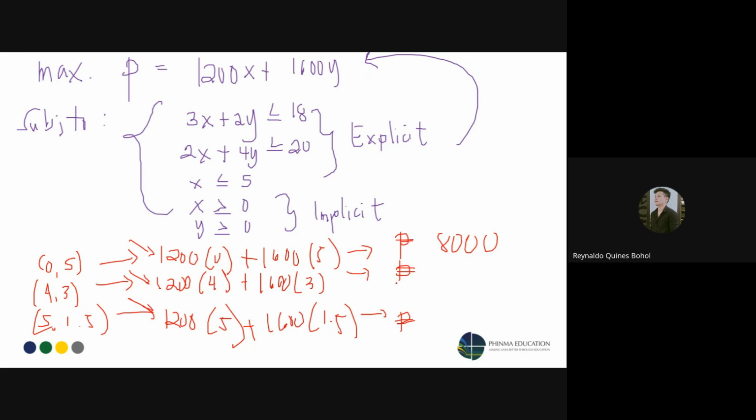How much for our second ordered pair? (4, 3). How about the third one, guys? Okay, 9,600.